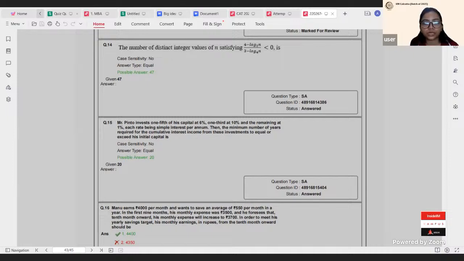So if we go by the formula for log, log of base 4n, we can write the 4 to be 2 square, so log of 2 square n, right? Which is essentially half of log base 2n, right?